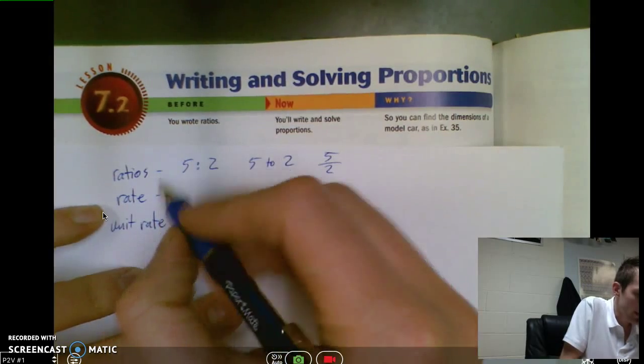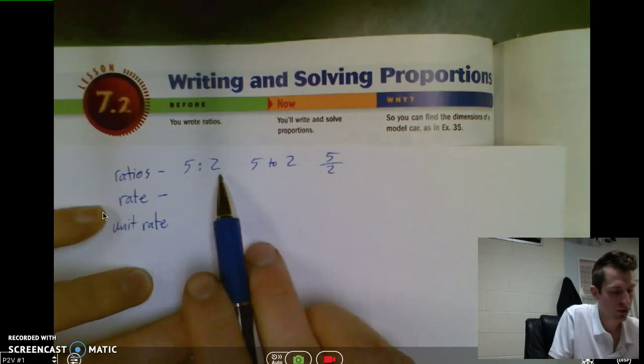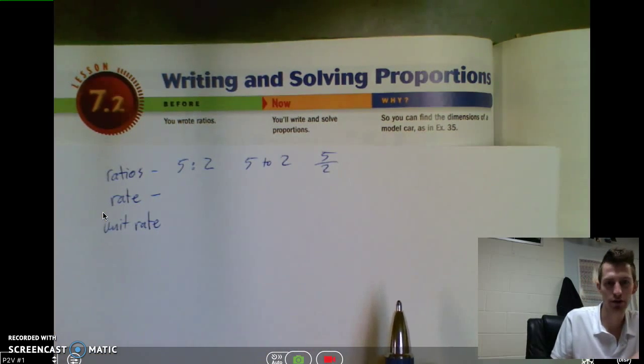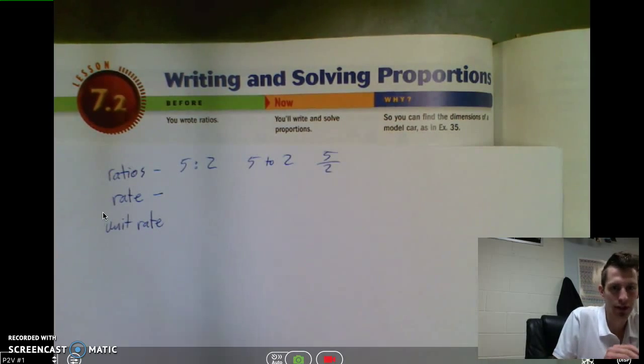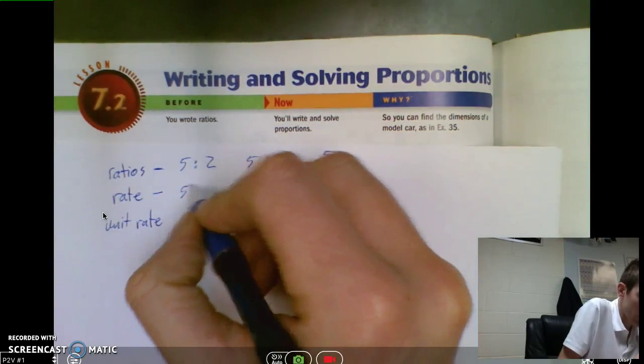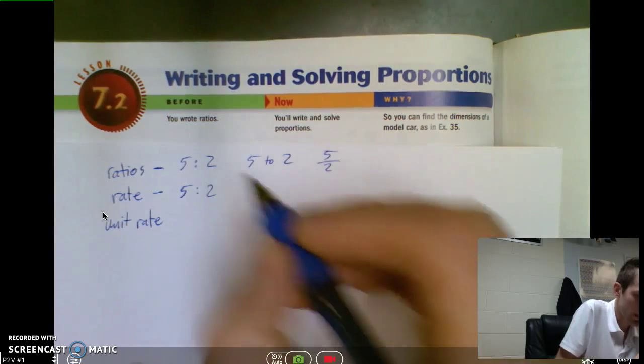A rate is a ratio that is comparing two values of a different unit. So instead of elephants to elephants, we're going to say 5 cougars to 2 turtles.